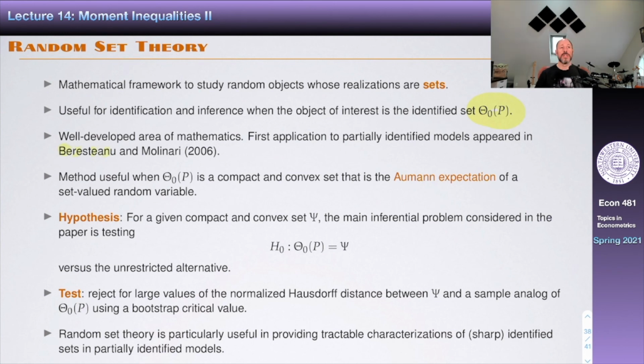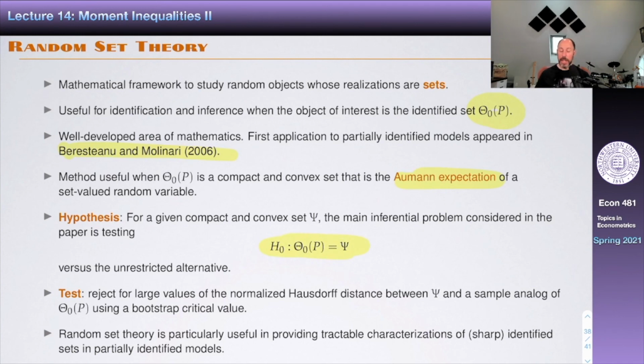And they came out with this paper where they essentially show that an identified set, okay, is a convex set that can be expressed as the Aumann expectation, which is one of these operators in random set theory. And then you can test hypotheses about whether the set is equal to some other set.